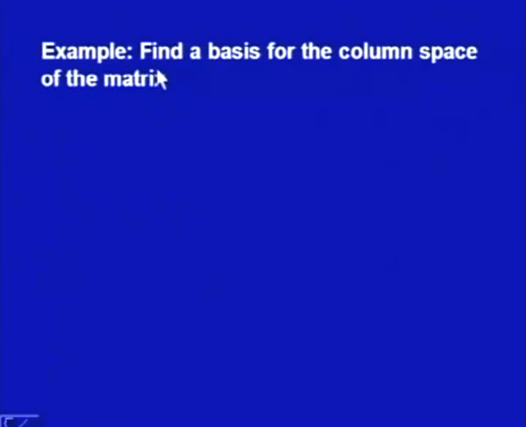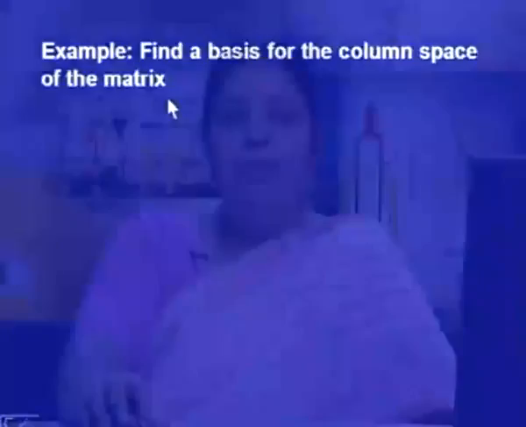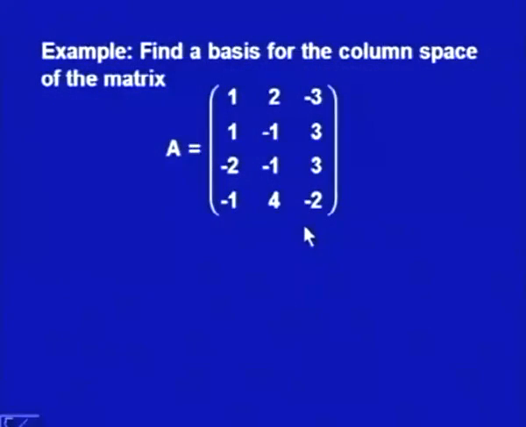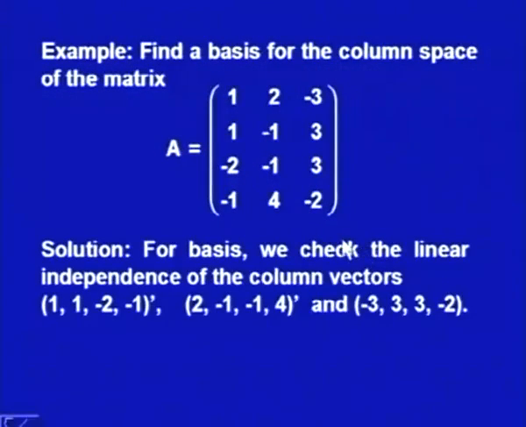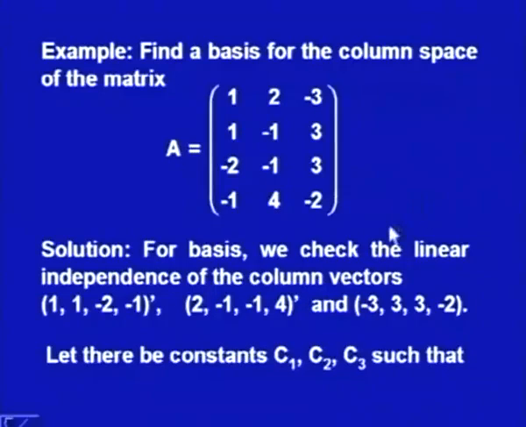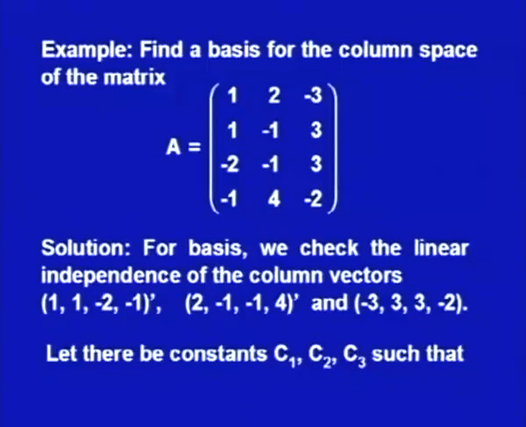Now, in this example, we try to find a basis for the column space of the matrix. In the earlier example, we obtained a basis for the row space. Now, we try to find the basis for the column space of the given matrix A. Given this matrix A, the column vectors (1, 1, minus 2), (1, 2, minus 1), (minus 1, 4, minus 3), and (3, 3, minus 2) are considered, and let C1, C2, C3 be arbitrary constants.